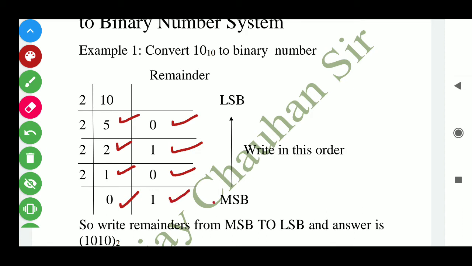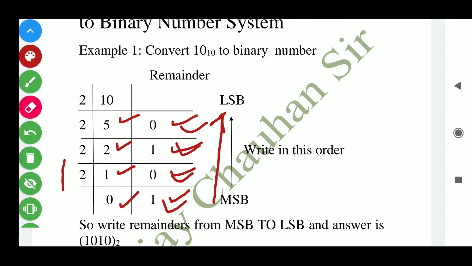Then draw one arrow like this way and start writing from MSB to LSB, you can say from bottom to top. So your answer will be 1 0 1 0.